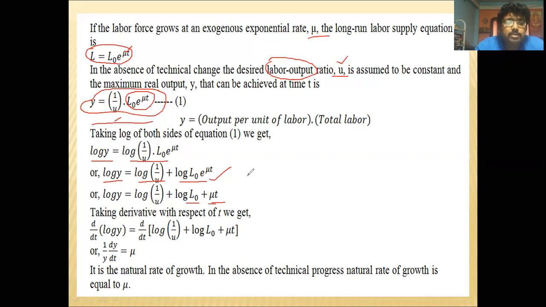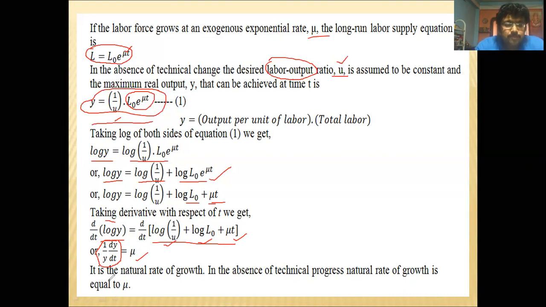Now we take the derivative with respect to t, and we get d by dt of log Y, which gives 1 by Y dY by dt. The other terms are constants, so d by dt of mu t gives mu as the result of the derivative.